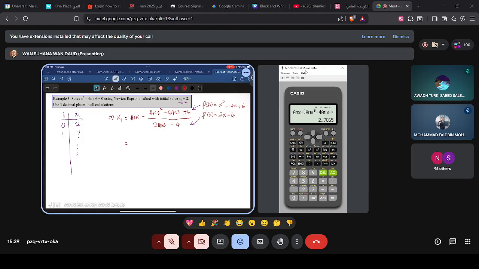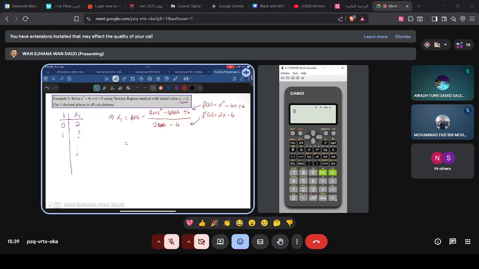Anyone? Just use your calculator. What is the value that you obtain? Anyone? You can type on the chat box. Come on. Sorry, we use 3 decimal places.